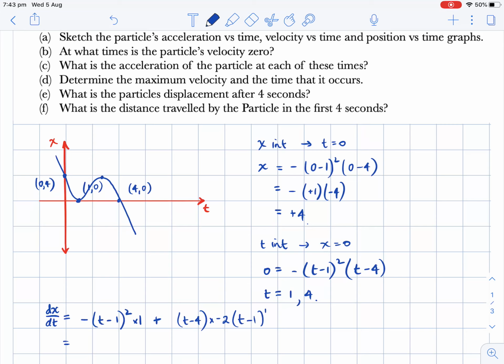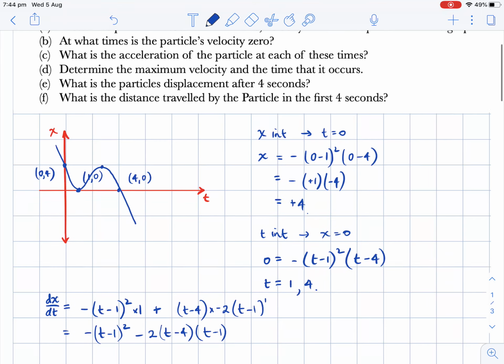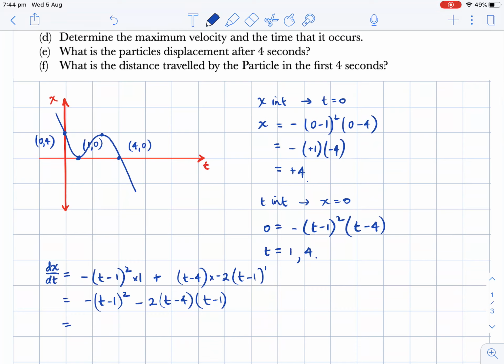A little bit of tidying up here, I get negative (t minus 1) all squared minus 2 times (t minus 4) times (t minus 1). And then I could expand the brackets here. I think I might actually expand the brackets on this one.